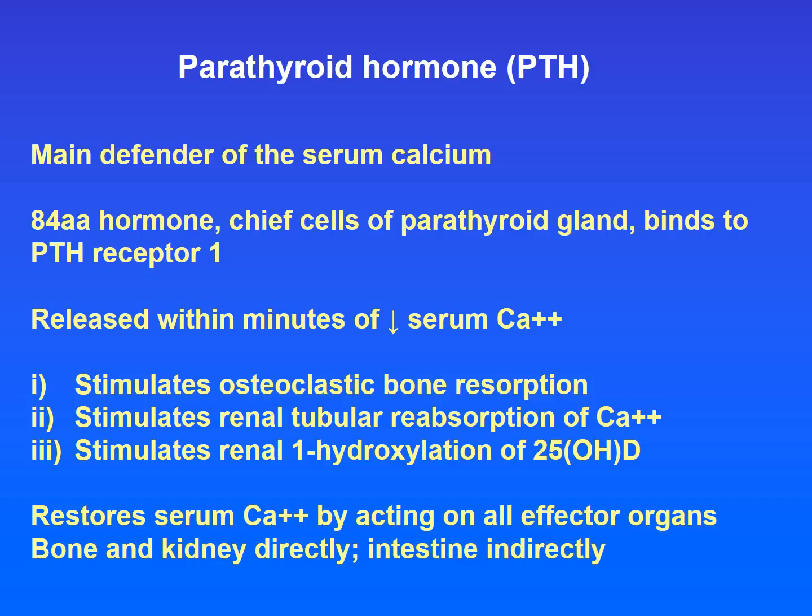So the parathyroid hormone is acting either directly or indirectly on each of the three effector organs, intestine, kidney, and bone, that we discussed earlier.